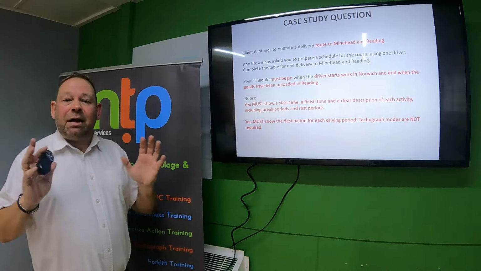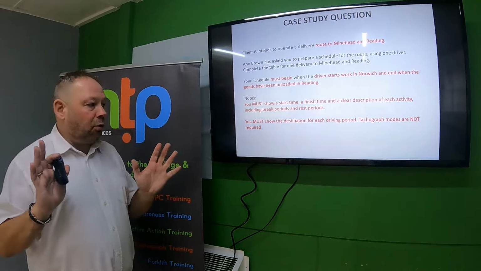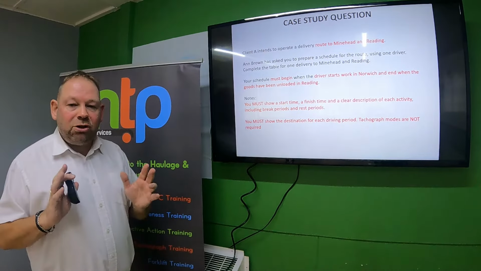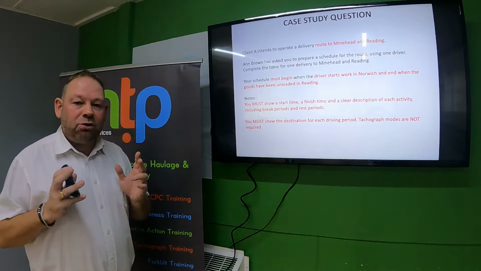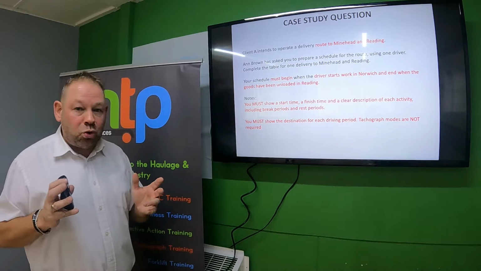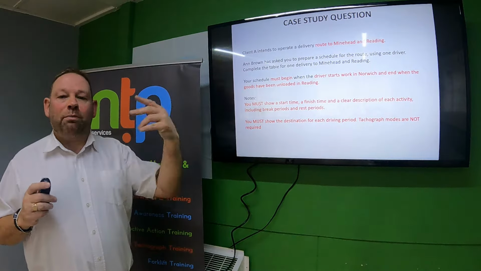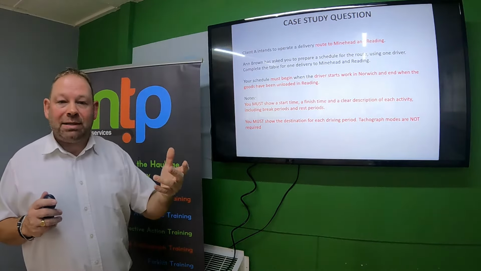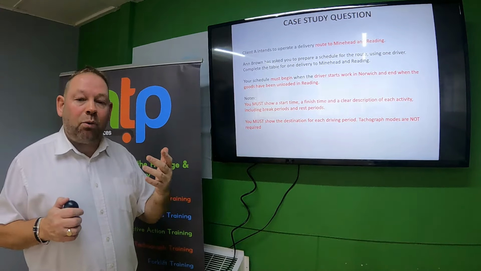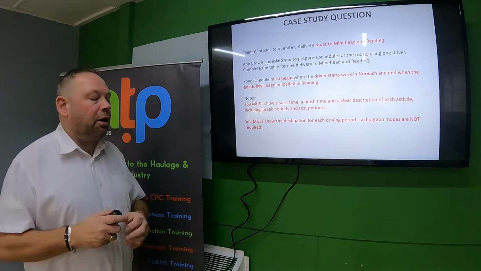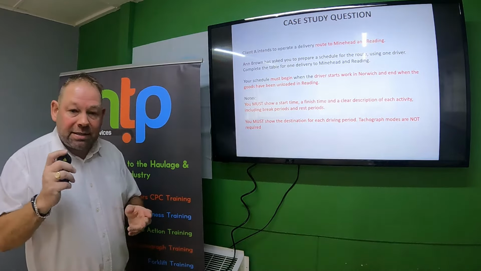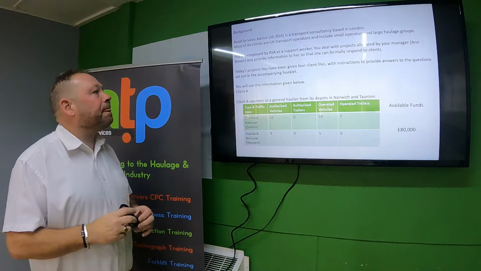So, irrelevant what the tachograph's showing, they're not worried about that. But to get your mark when we're driving, you must show that we are driving to somewhere. So, driving to Minehead, driving to Reading. If you don't clarify where you're driving to, you're not going to get the mark. Right, let's have a look at the next slide, see if there's any information on that.